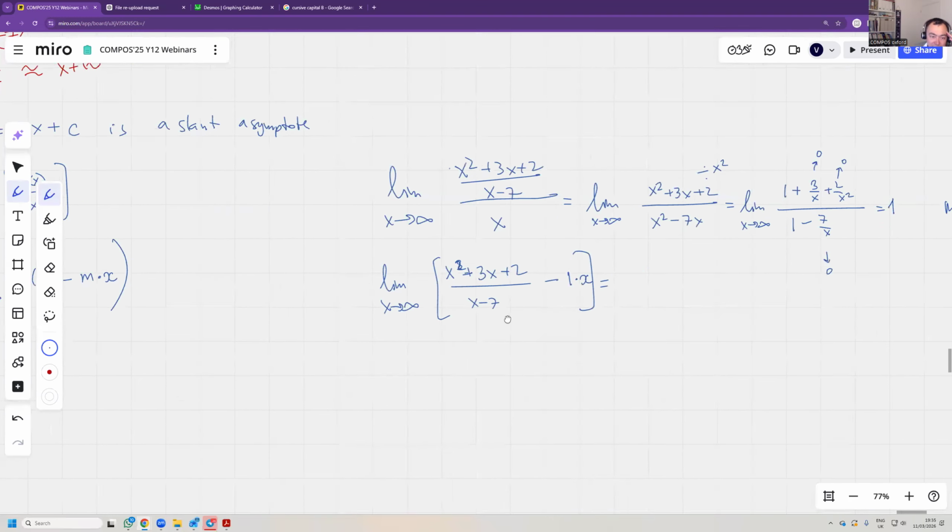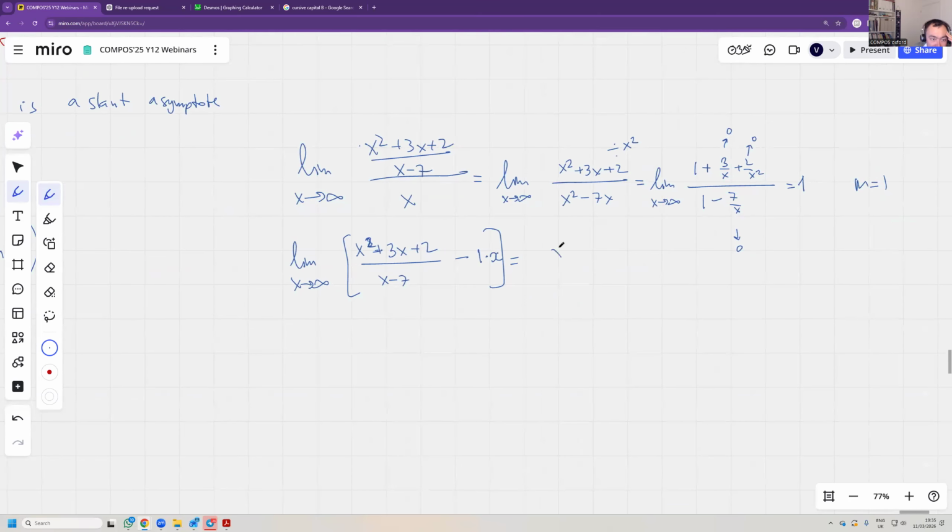And that is x squared plus 3x plus 2 minus x squared plus 7x, over x minus 7. So x squared cancels, and we get 10x plus 2 divided by x minus 7.